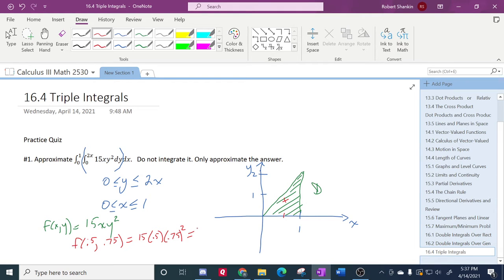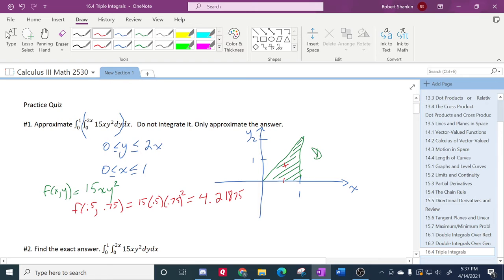And I get 4 point, I have my pen upside down, 4.21875.